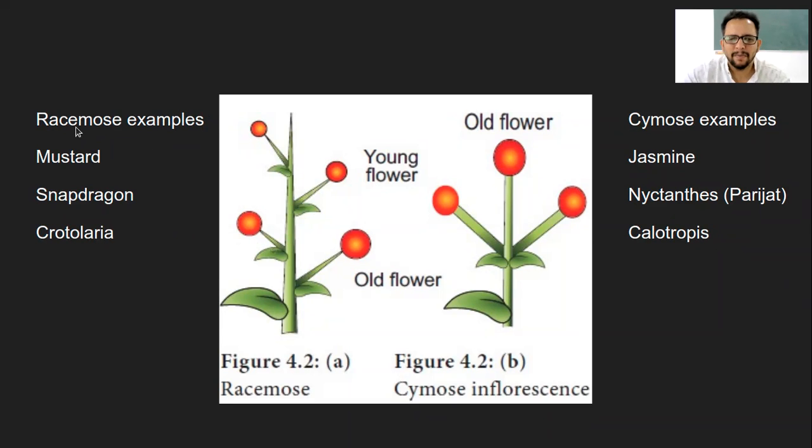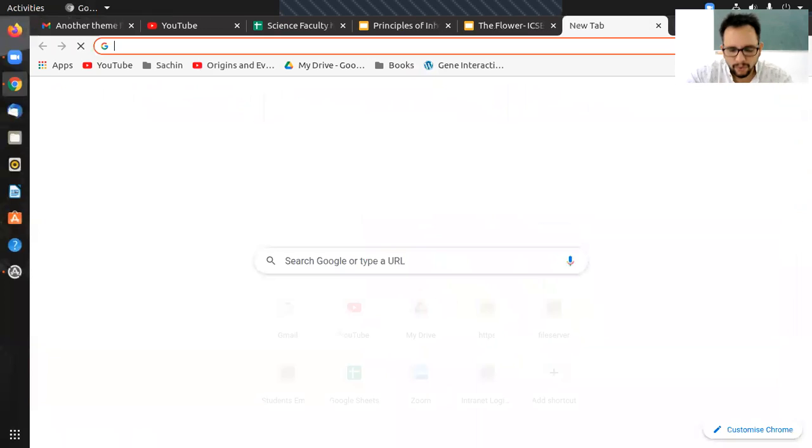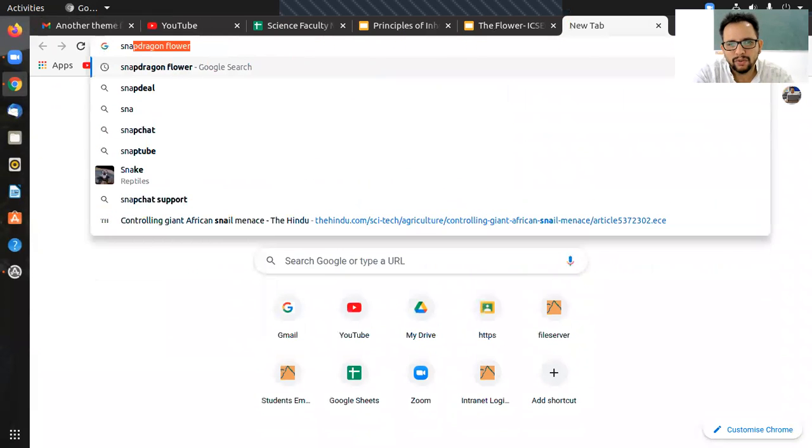Examples are mustard, snapdragon or Crotalaria. Snapdragon is quite a common flower you would have seen in bouquets, or especially in home gardening. And Crotalaria is also something similar. If you don't know, let me quickly show you the snapdragon flower.